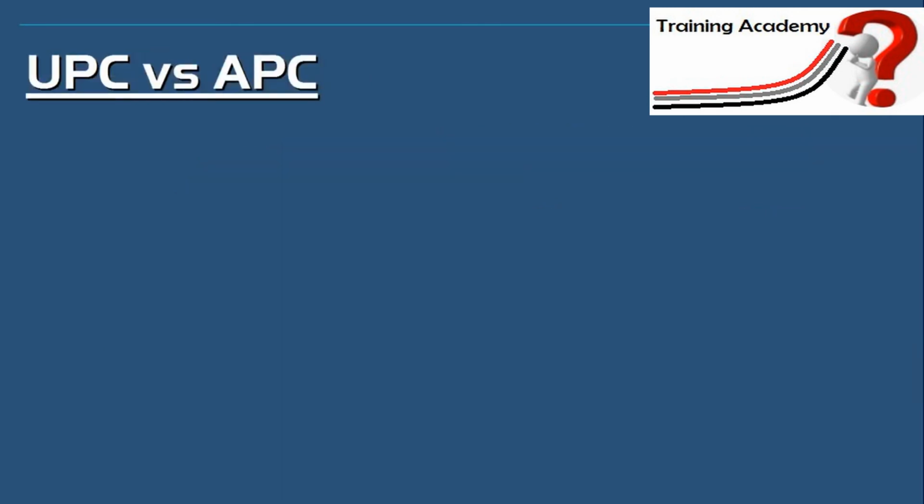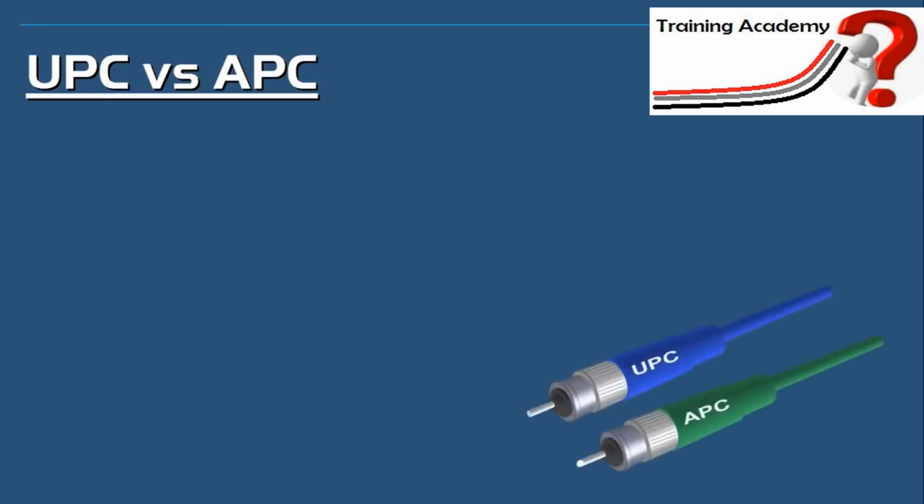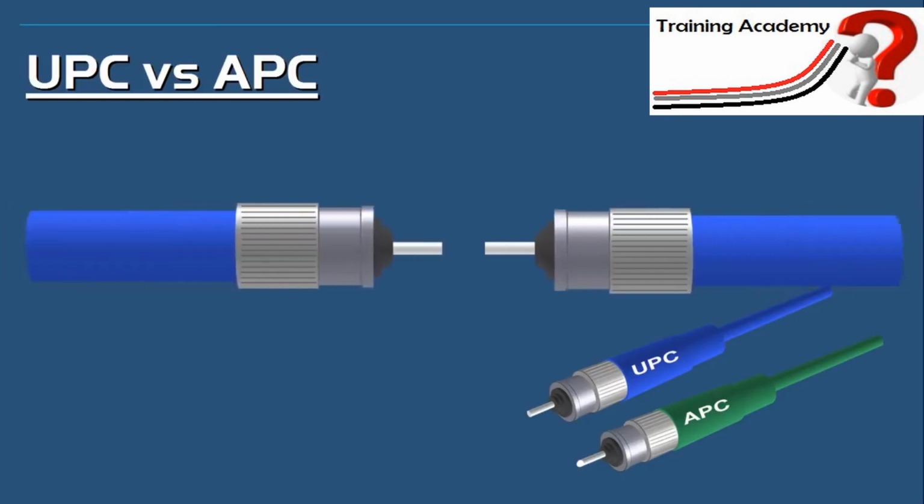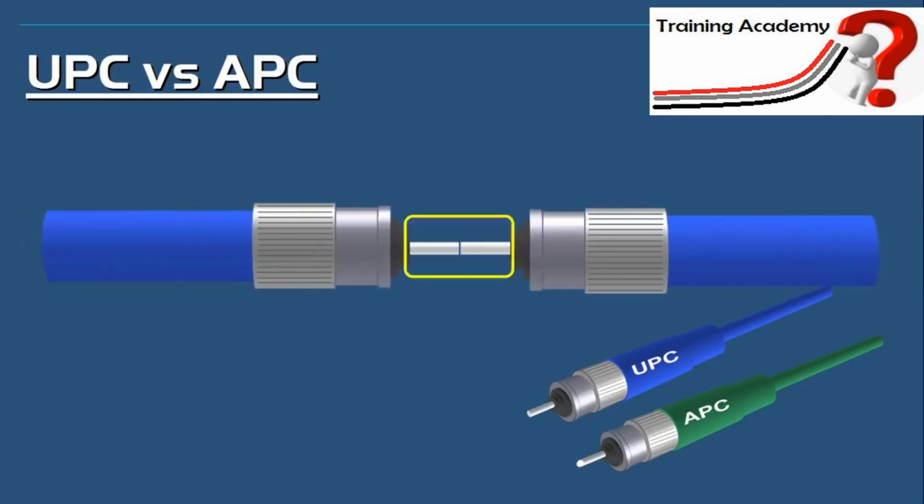Now we're going to talk about UPC and APC connectors. These are end-facing connectors. For an example, we will be using ST connectors with an APC and a UPC end. When two fibers join together, the ends aren't always perfect.